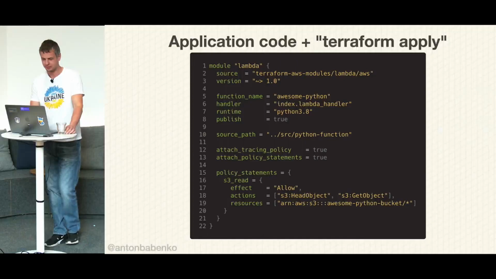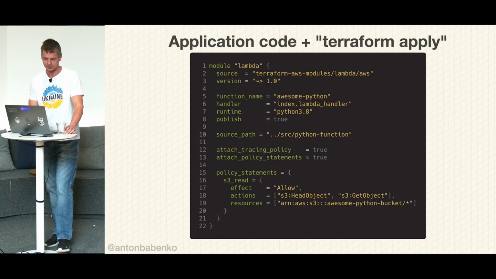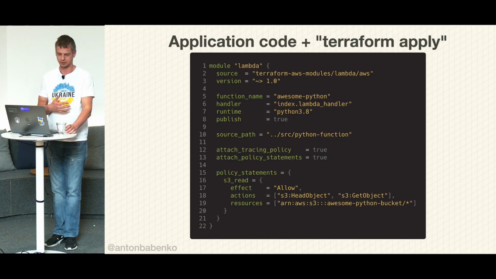So serverless TF itself is pretty much, just honestly, a collection of Terraform AWS modules to handle serverless. That's it. It's not framework, it's not CLI. I probably should put it as disclaimer. Yeah, that's a good idea for next time. Okay, so the application code and Terraform apply. In essence, that's all what it looks like.